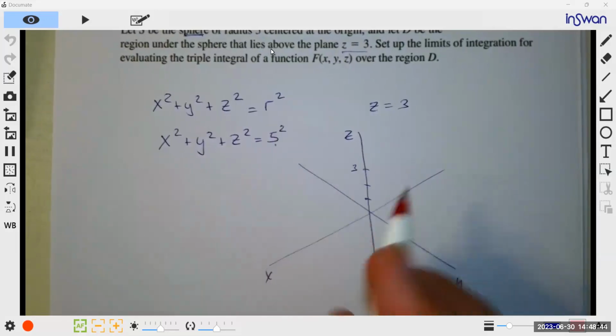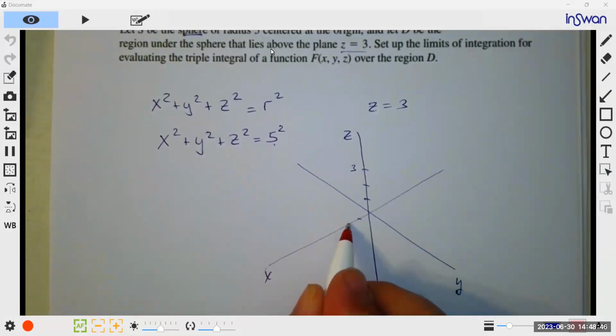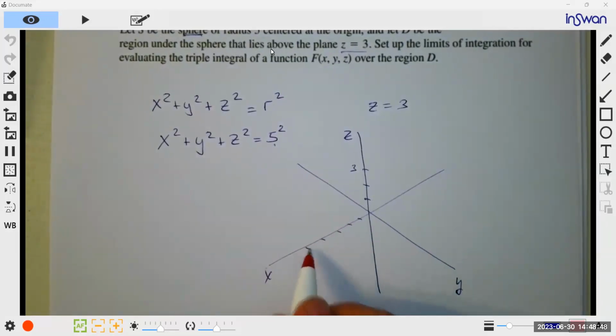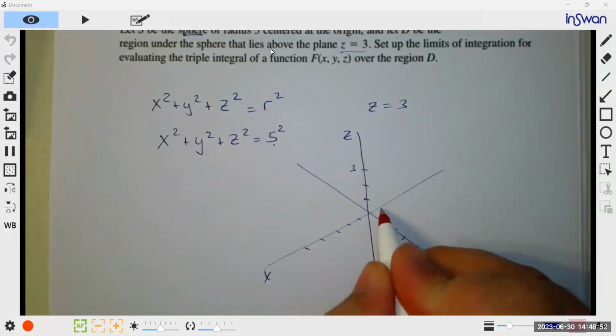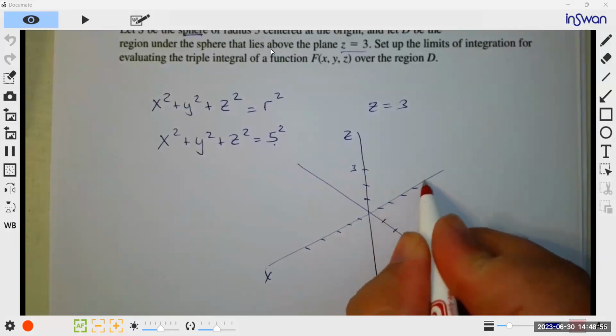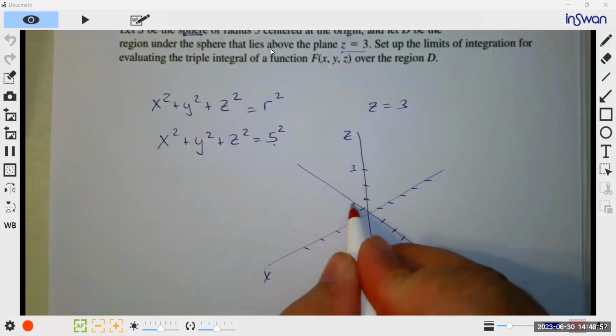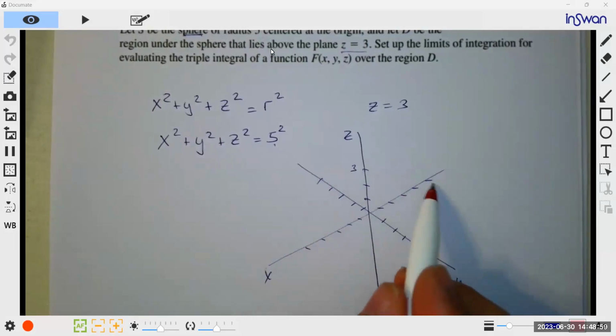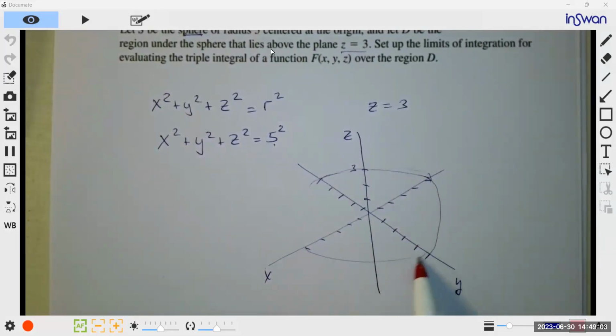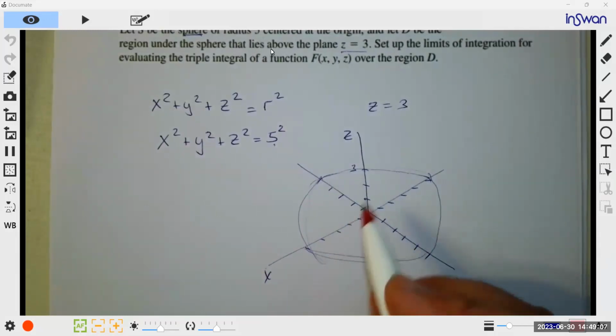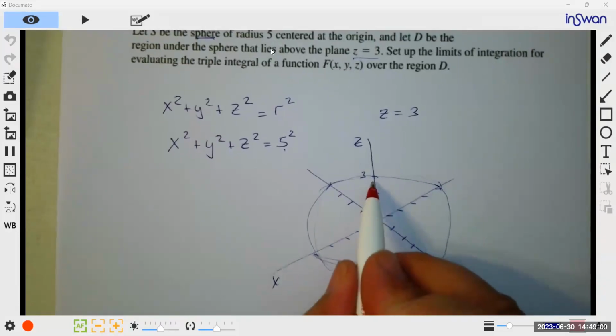The radius is 5. So it's a sphere of radius 5. That's on the x, but we want it to be up here.